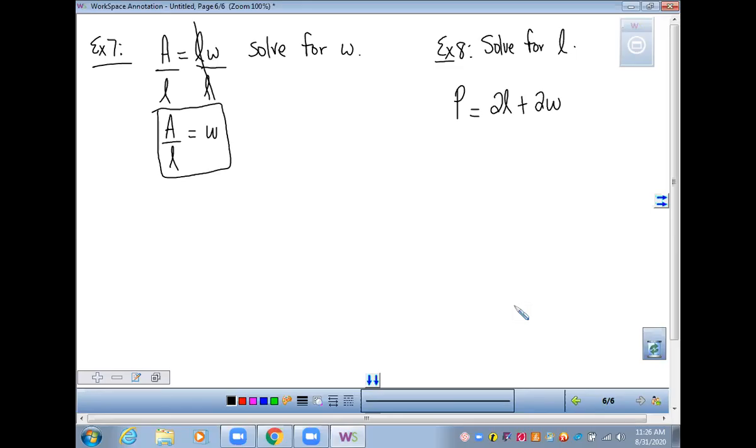Because remember, our goal is to get this right here by itself. 2W. So let's subtract 2W from both sides. So we're going to have our P and W like terms? No. So we're going to do P minus 2W. We'll just rewrite it. Equals 2L.